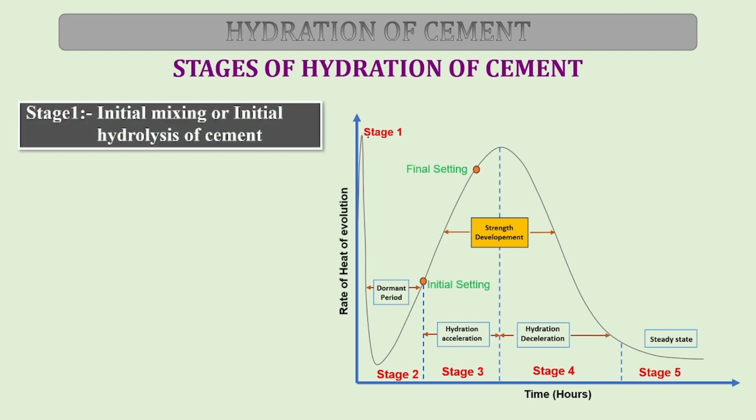Stage 1 represents the initial mixing, where the temperature will be at its peak, as you can see also in this graph, after addition of water to the cement.